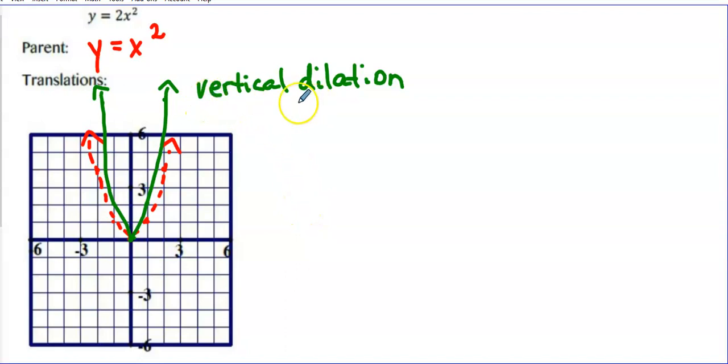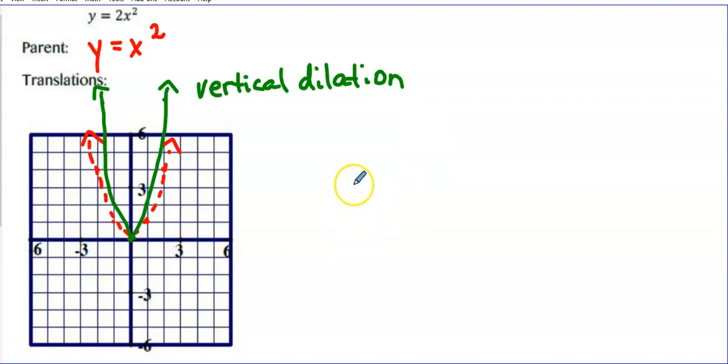So vertical dilation means that it gets longer and skinnier. I always like to think of a marshmallow. If you're holding a big marshmallow and you pull it at the top and the bottom and stretch it vertically, it's going to get skinnier. If you compress it vertically, it's going to get fatter.